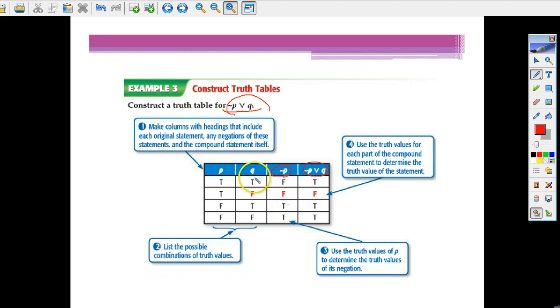So when you're combining these with the or, anytime it has a true in it, it can be true when it has an or symbol. When both are false, it's going to be false. Okay, that might sound really complicated, but it might be easier if we do a little bit more practice in class.